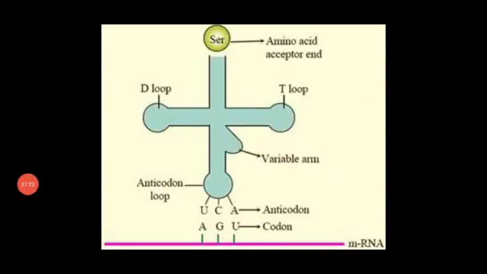Dear students, this is another diagram showing how tRNA is complementary paired with the mRNA sequence, 4 arms. The anticodon arm has 3 anticodon bases, UCA, which is complementary paired with mRNA. See the codon, the pink color is the mRNA strand. Already told you, the 4 nitrogenous bases pair with one another, adenine with uracil.